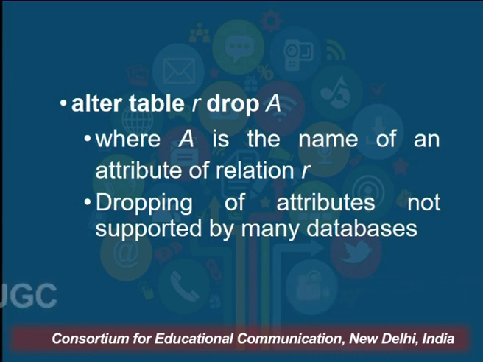But please be careful that dropping of an attribute is not supported by many of the databases. So we have seen how to create a particular relation, then how to alter the structure of the relation by the alter table command, either by adding a new attribute or dropping an attribute, and we have also seen two very small commands of insertion and deletion of data within the table.